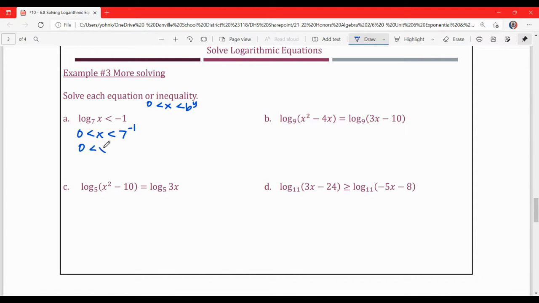So that's 0 less than x less than 1 over 7. I do have to make sure that x is greater than 0. Here's 0, here's 1/7. My main inequality is between 0 and 1/7. My constraint is that it's got to be greater than 0. So I'm looking between 0 and 1/7.